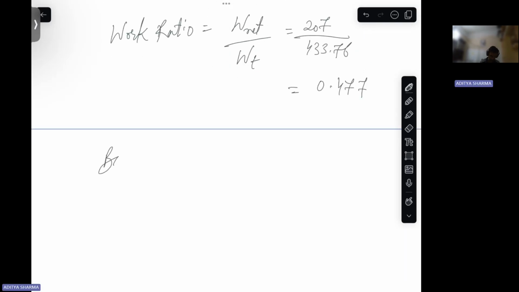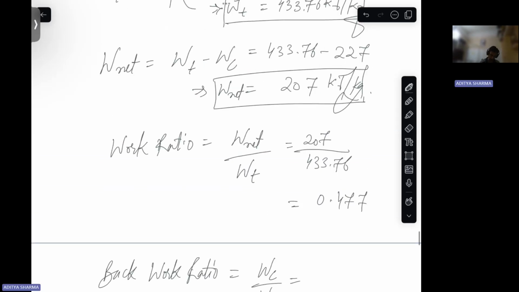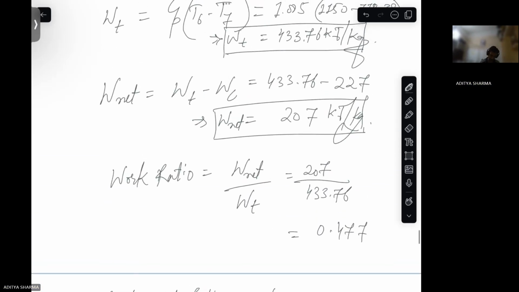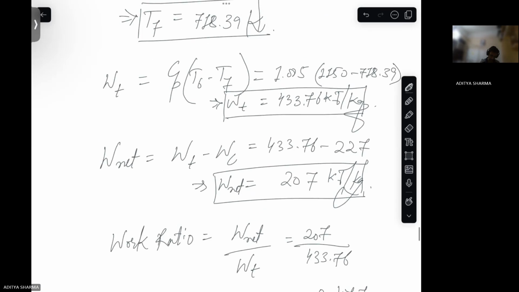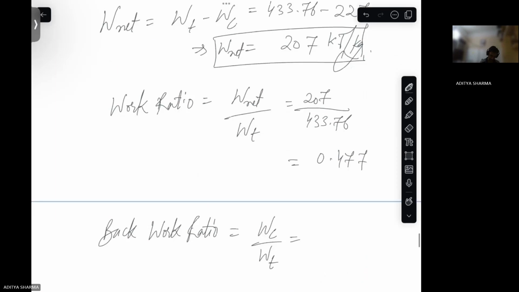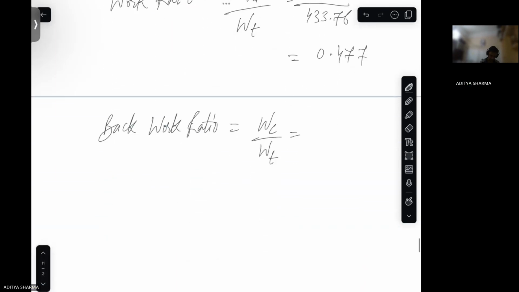And then back work ratio. We have to calculate. This will be WC by WT. WC is 227. WT is 433.76.